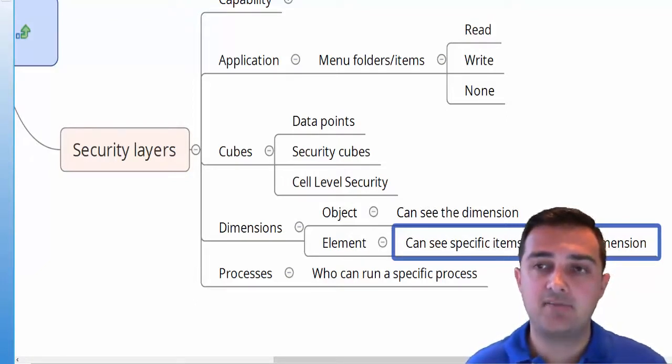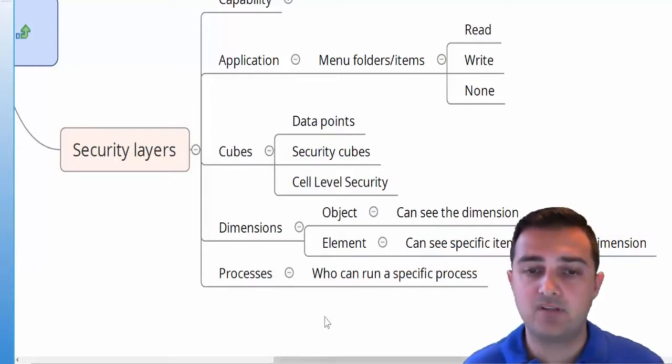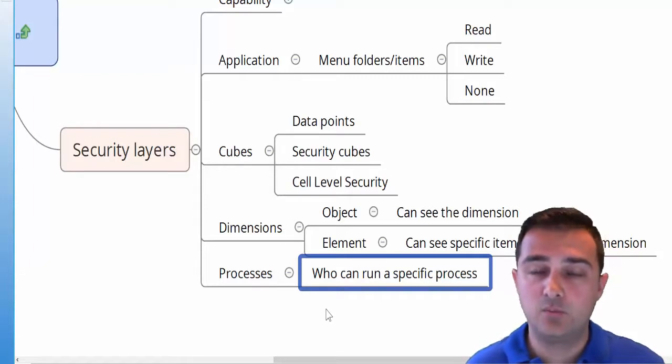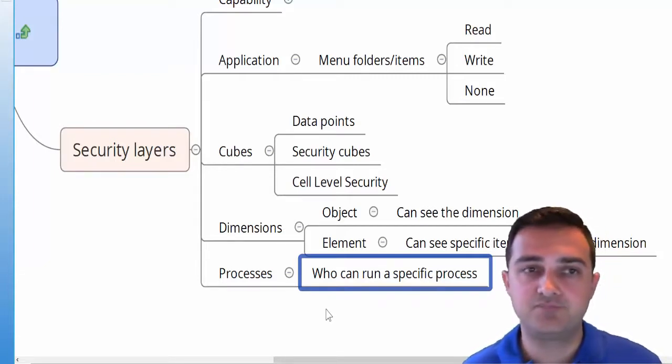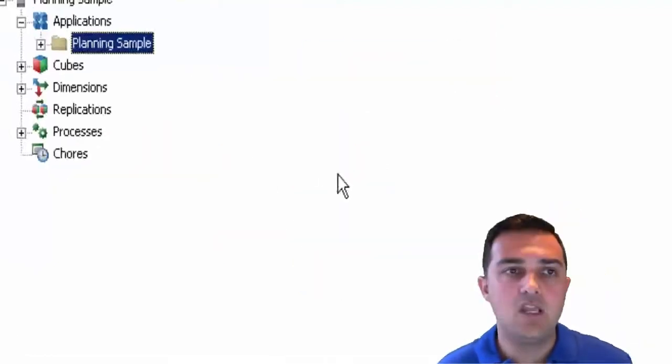And if you have an administrator, they can see everything. Then lastly is processes. Processes we can control with really read or none, and that just lets a user group run a specific process. So let's take a look at what this looks like in practice.